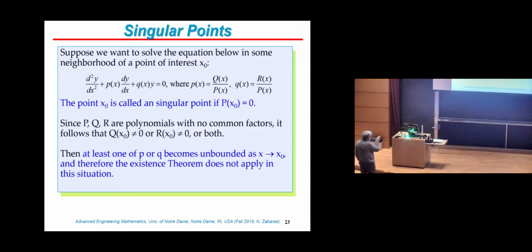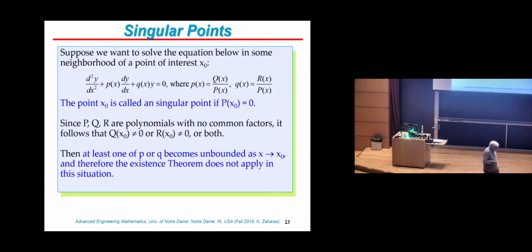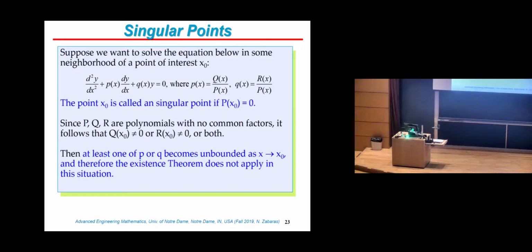I mean, you can imagine if Q had the term x minus x0 and P had x minus x0, they can cancel out, right? So we assume they don't have any common terms. So if P of x0 is equal to 0, then little p of x0 goes to infinity, okay? So this is what we call a singular point. And for singular points, the existence theorem doesn't apply because the functions little p and little q are not continuous.